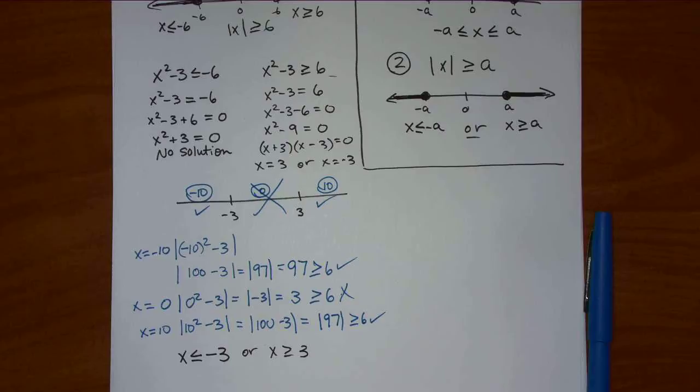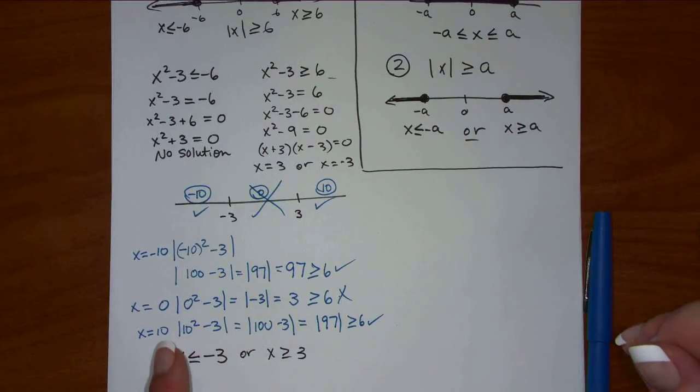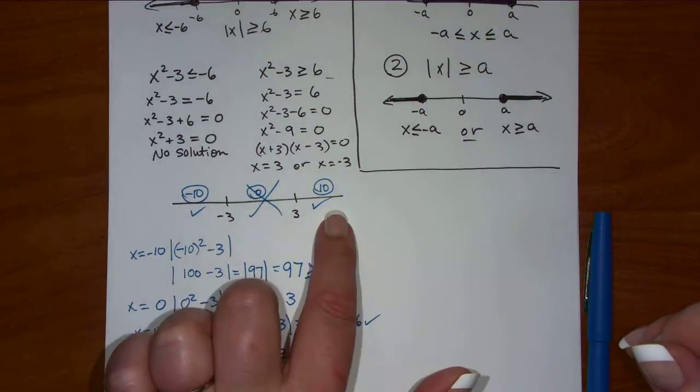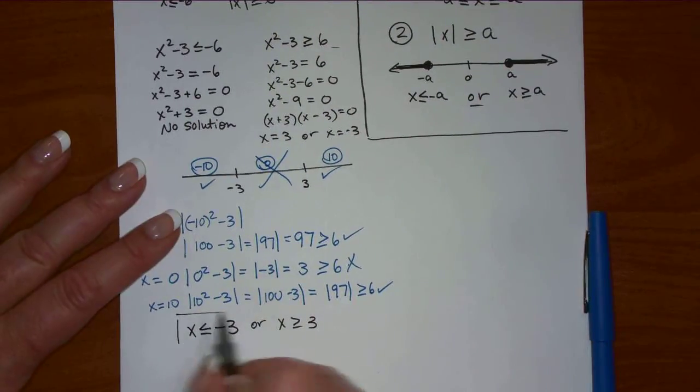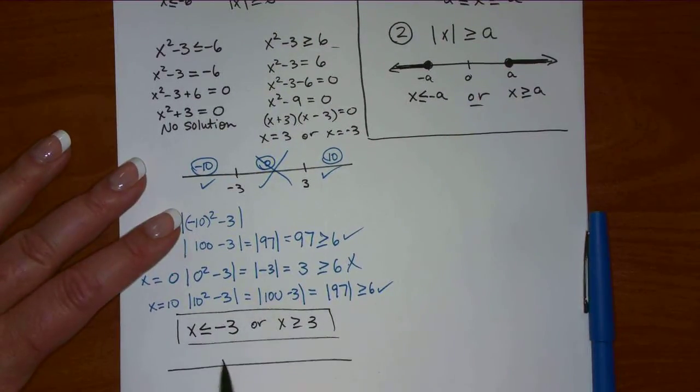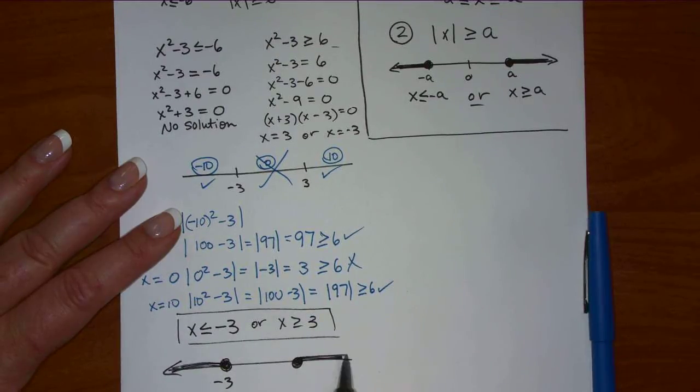You can't be. So it has to be in here or in here. The answer is here will work, or any answer from here will work. So that would be your solution. And if you had to draw it on a number line, that would be.